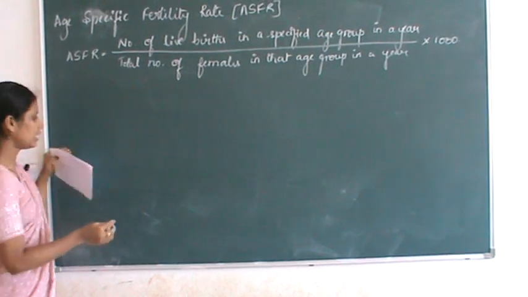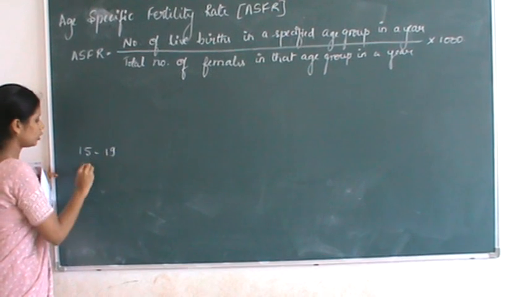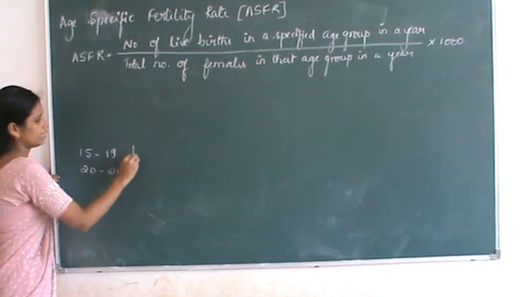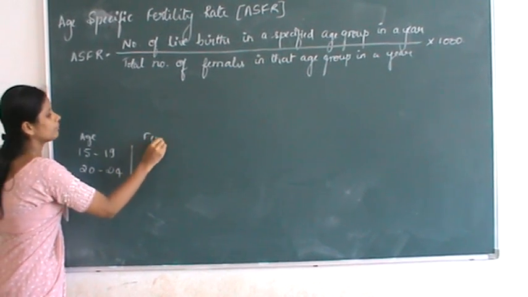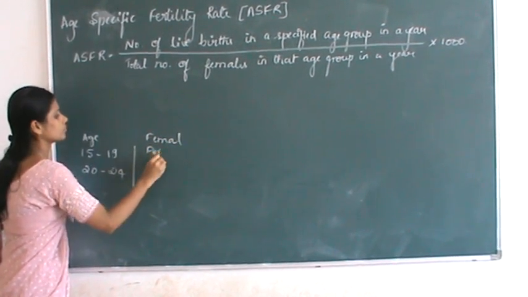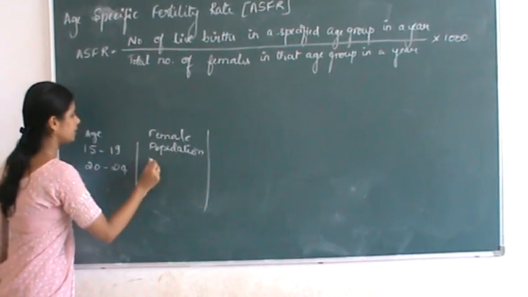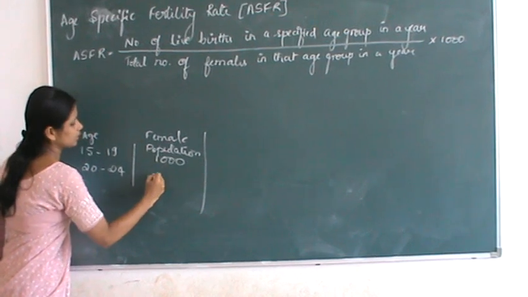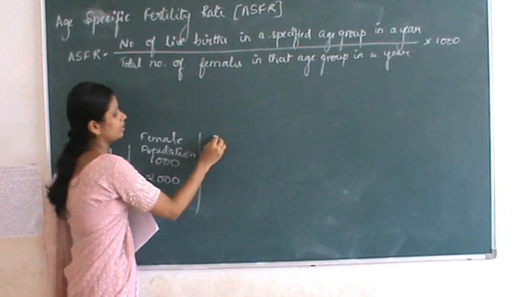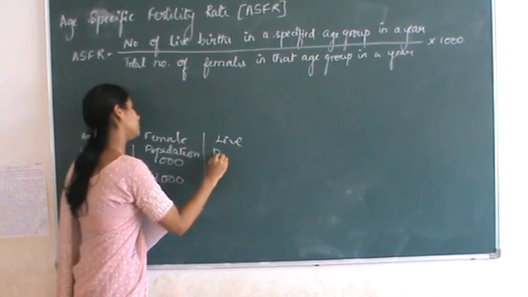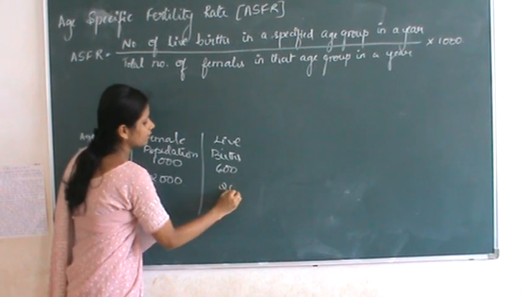So for example, we have seen in the previous problem it is given 15 to 19, 20 to 24, and then this is age group. Next female population will be given, for example if it is 1000 and it is 2000. Next live births will be given. Live birth is 600 and 200.